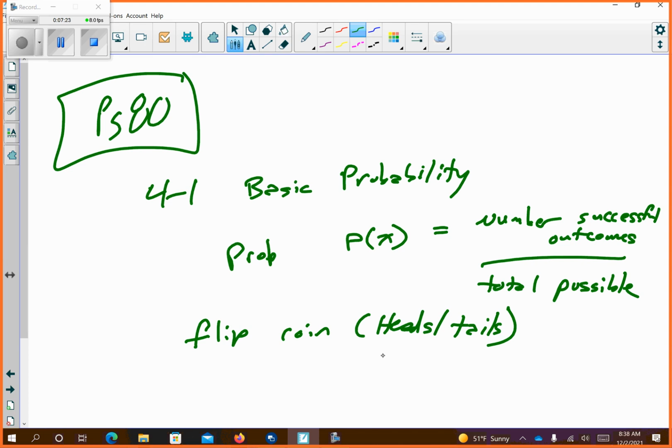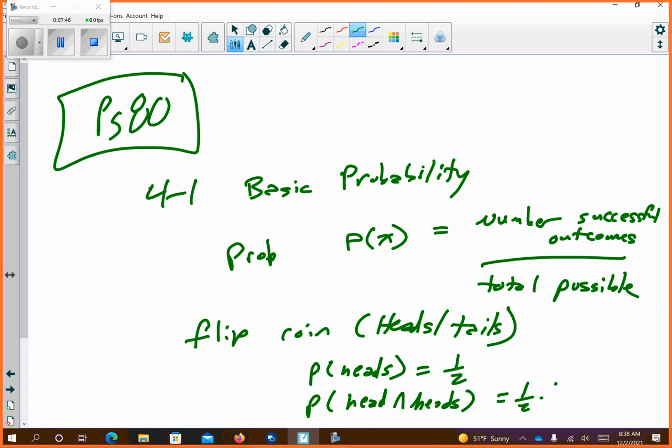Agree? Your hand's going to force it to fall down. So probability of heads is 1 out of 2. Probability of going heads and heads is 1/2 times 1/2, which is 1/4. Probability of going heads three times is 1/2 times 1/2 times 1/2, so it's 1/8, so on and so forth.